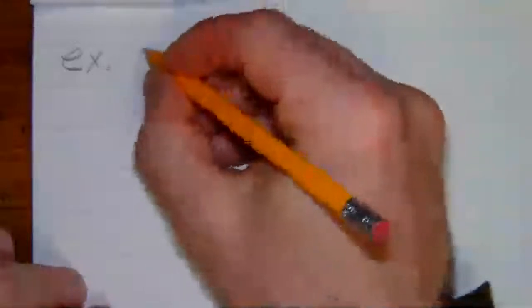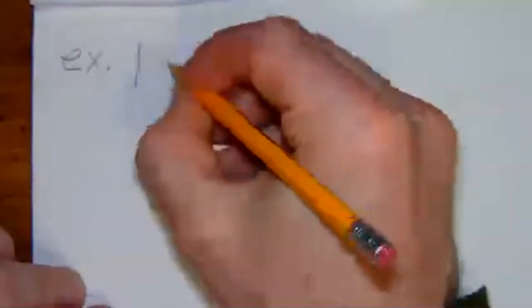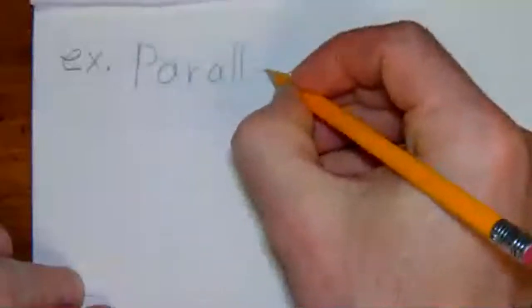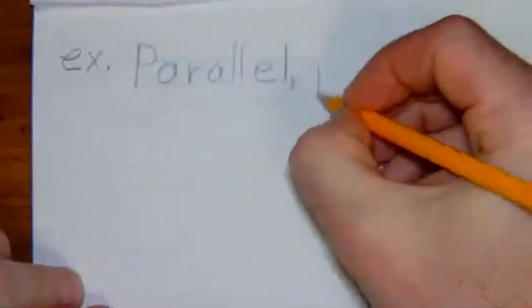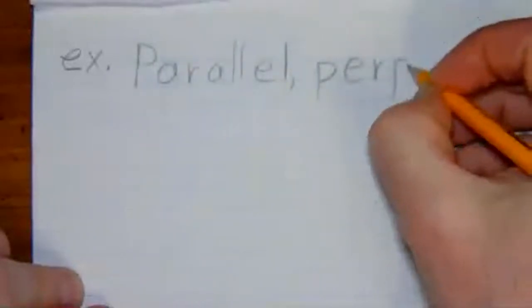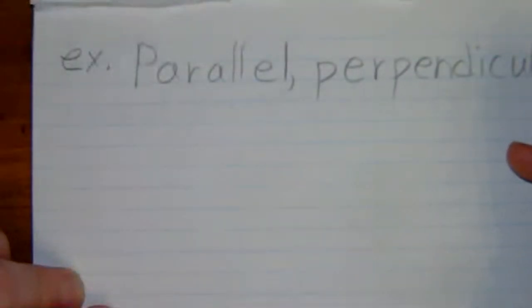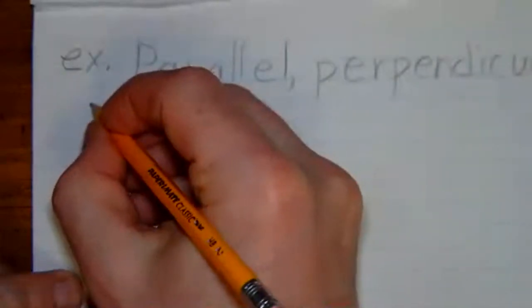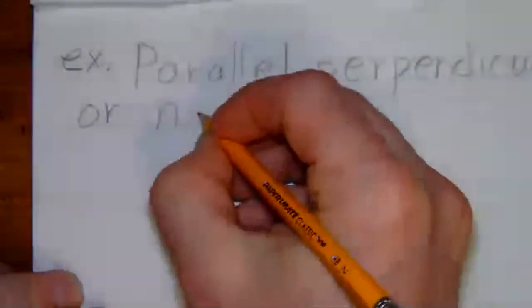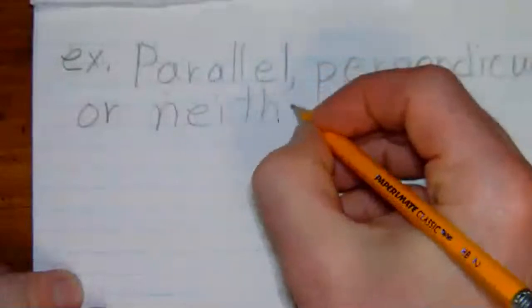We're going to do one example as we wrap up here. And the question we're going to ask is, for two lines, are they parallel, perpendicular, or neither?